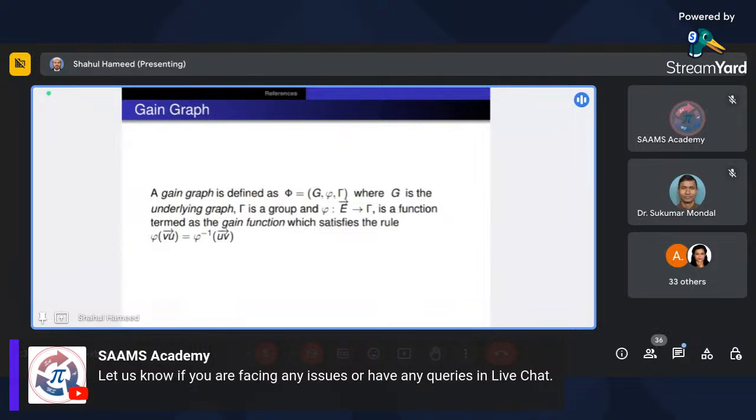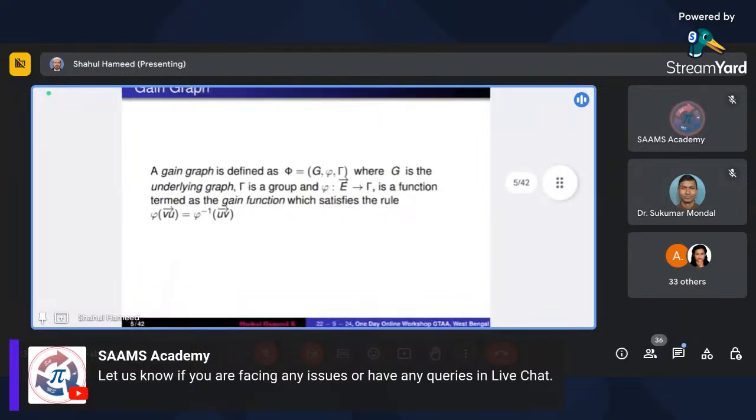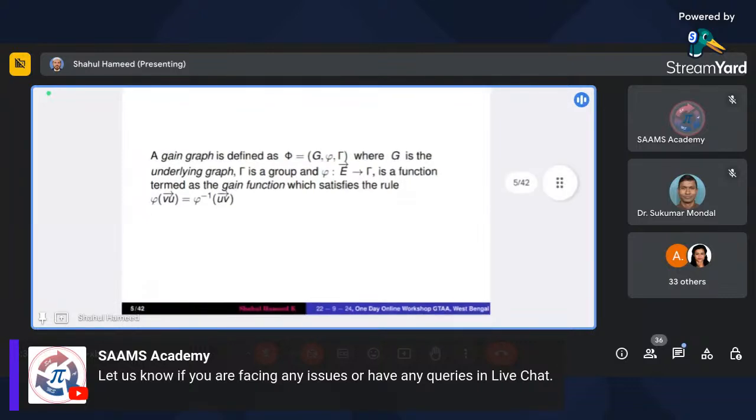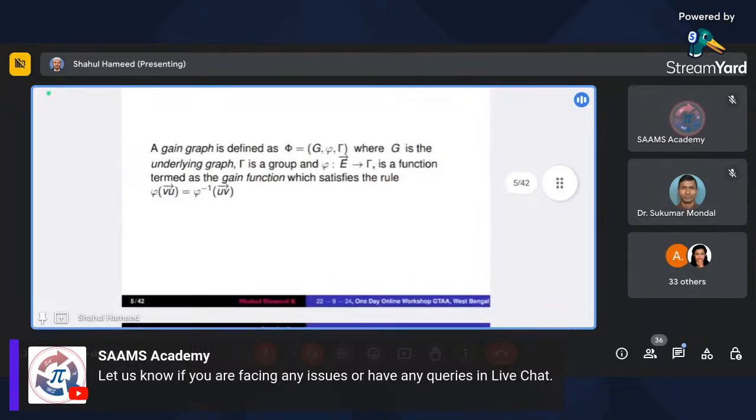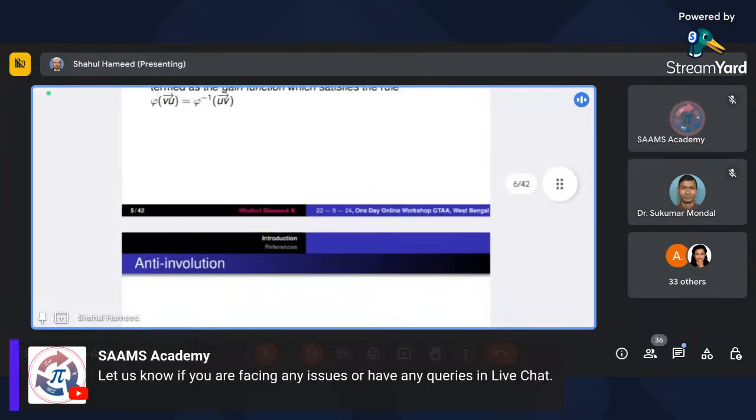So for an edge UV, we'll have another corresponding pair VU also, but in the other direction. And assigning a weight on that from the group, we will use this formula phi of VU. This means if we first assign the value phi of UV, in order to get phi of VU, we'll have to take the inverse. So this is how a gain graph is defined.